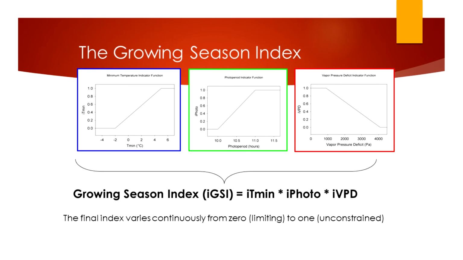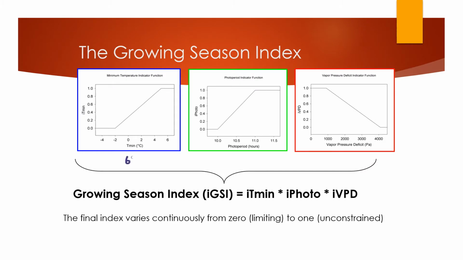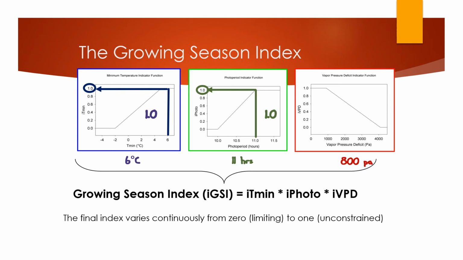So in this case, if the minimum temperature was 6, we go up here and we say that the indicator function for that is now 1.0, and the photo period was still 11, and the indicator value was 1.0, and the vapor pressure deficit was 800, which makes the indicator value 1.0. And if we multiply 1 times 1 times 1, we get a GSI of 1.